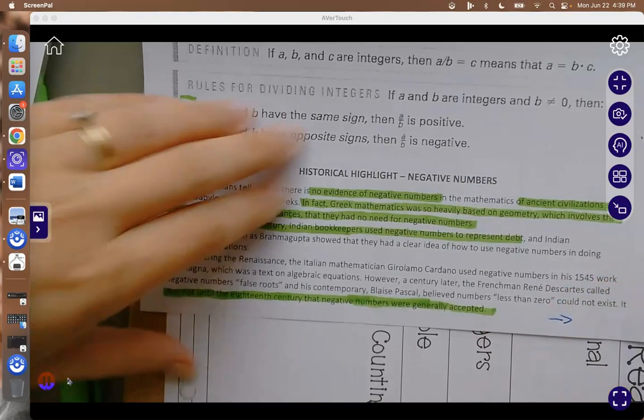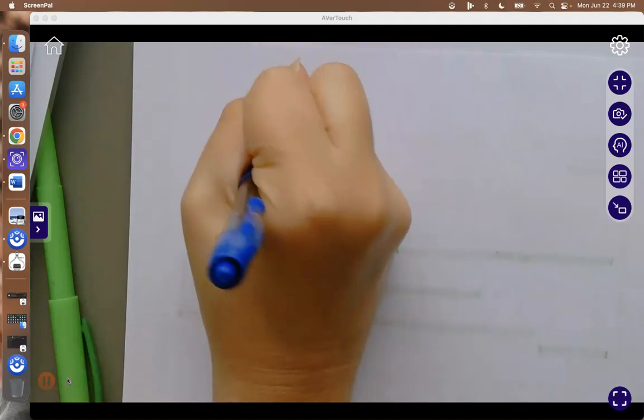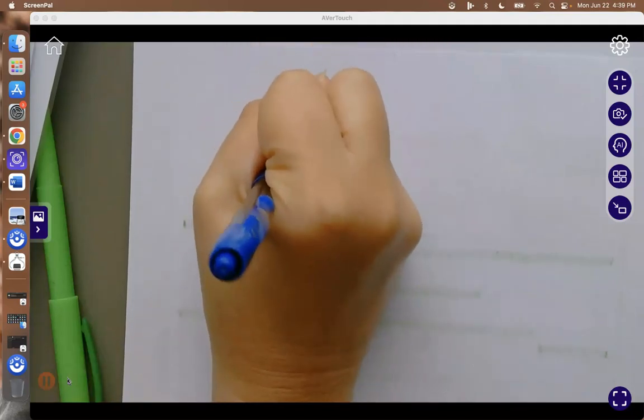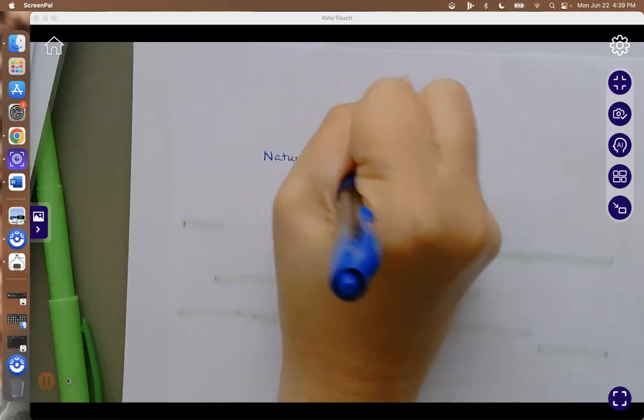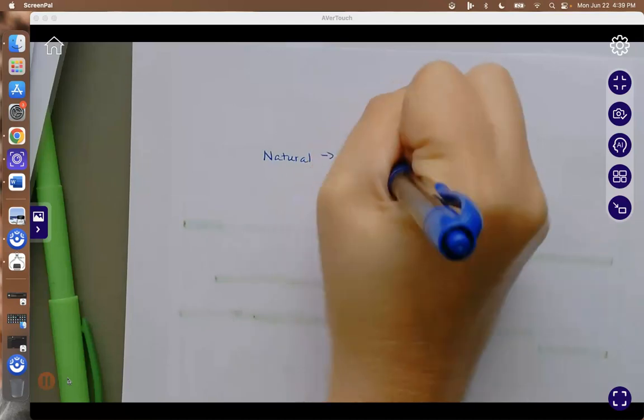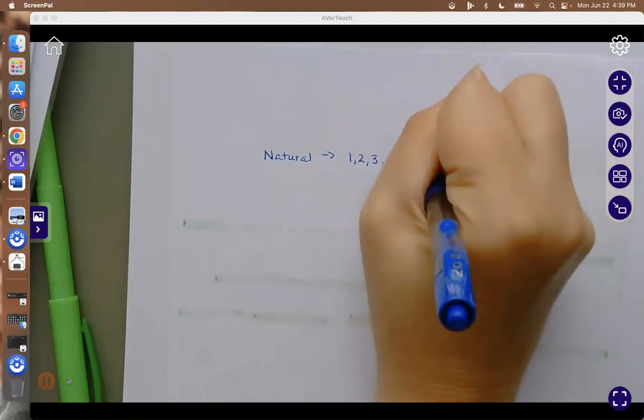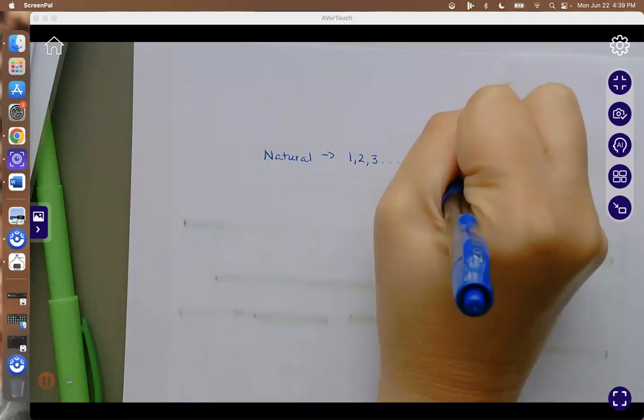Okay, so we're going to make a little arrow to flip this over. All right, so let's just make a list of what we have. Okay, so natural numbers are like 1, 2, 3, and so on and so on. They're called your counting numbers.